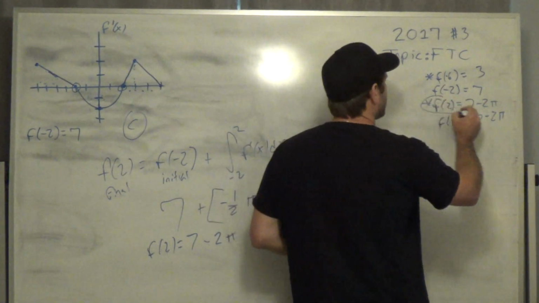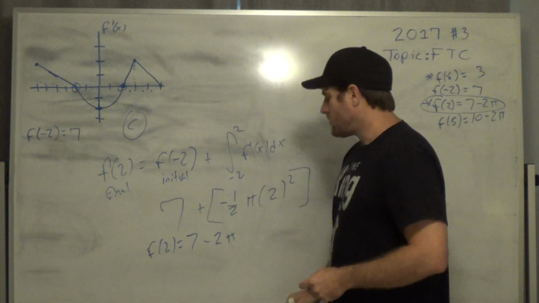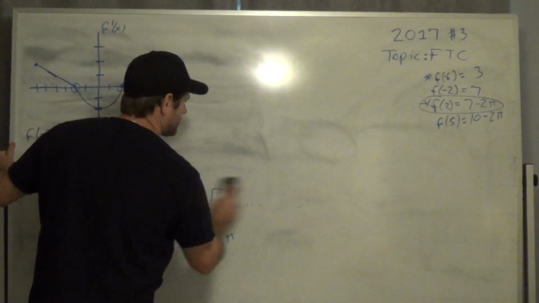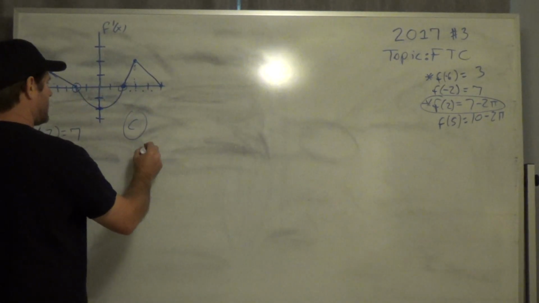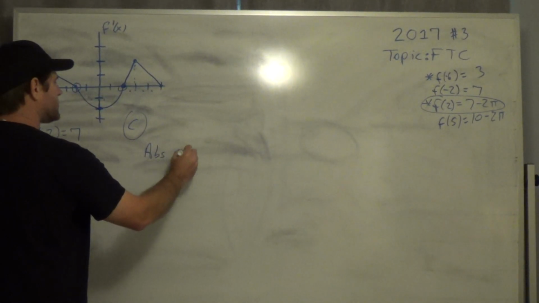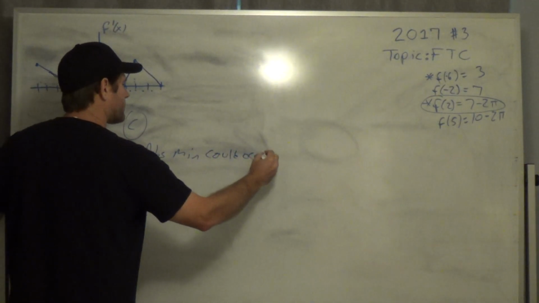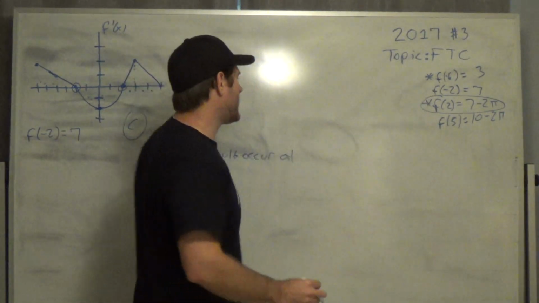So here is what I would say. I would say absolute minimum could occur at, and remember, not all these were candidates. These were the only two candidates.